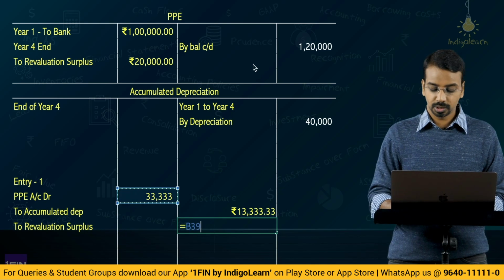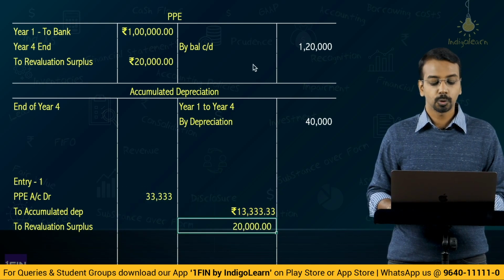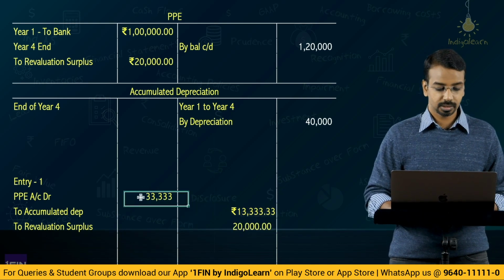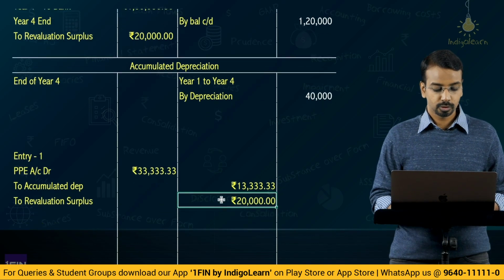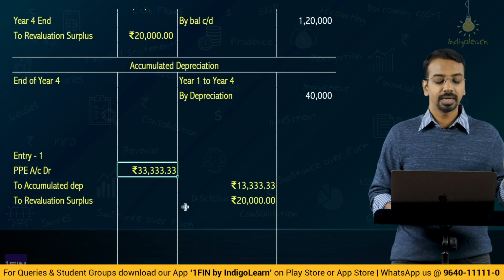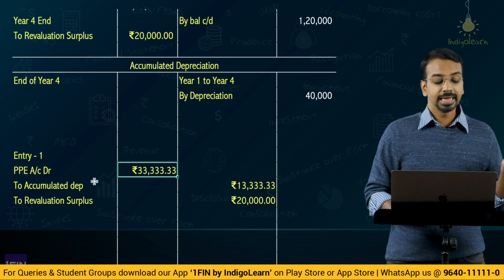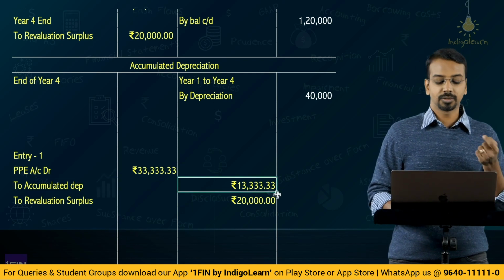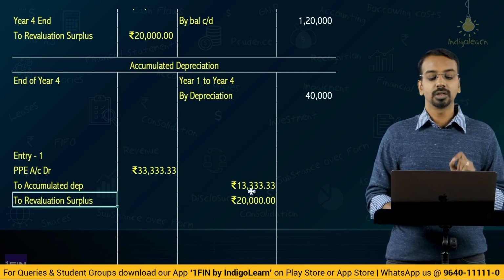The difference of these two, 33 minus 13, it comes to 20,000, right? So, increase PPE by 33,333, increase accumulated depreciation by 13,333 and balance goes to revaluation surplus.